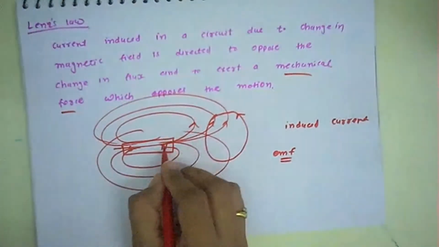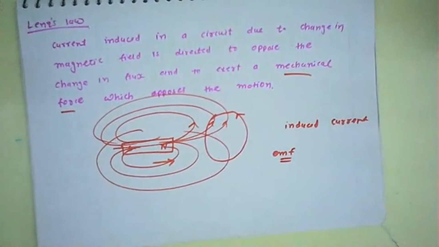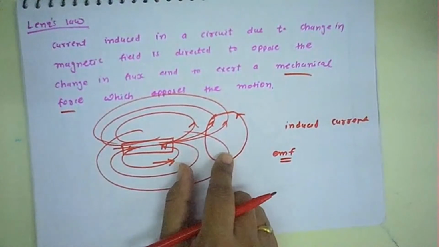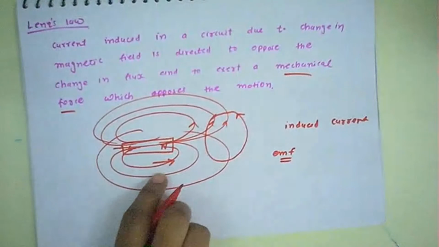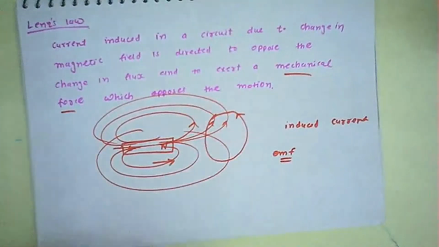For example, if we are moving this magnet towards this loop, obviously the field lines are changing, but now the current will oppose.